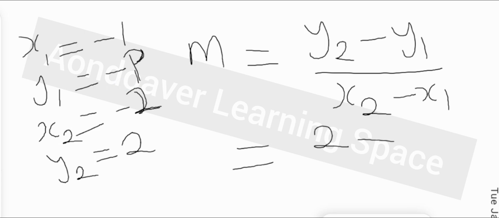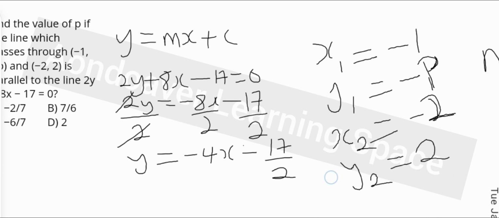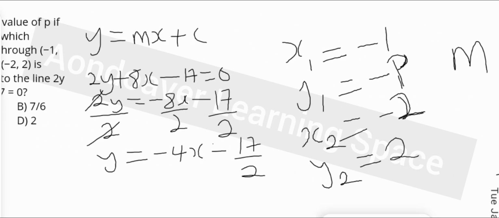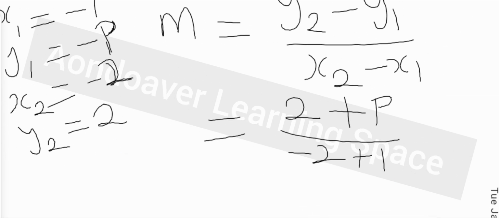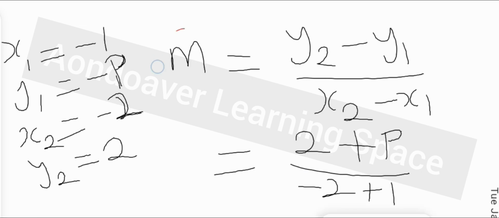Minus times minus becomes plus p, all over our x2, which is -2, minus our x1, which is -1. Minus times minus gives us plus, so this becomes +1. Mind you that the slope, as we got from the equation, is -4. So we replace m with the value of the slope that we got, which is -4.